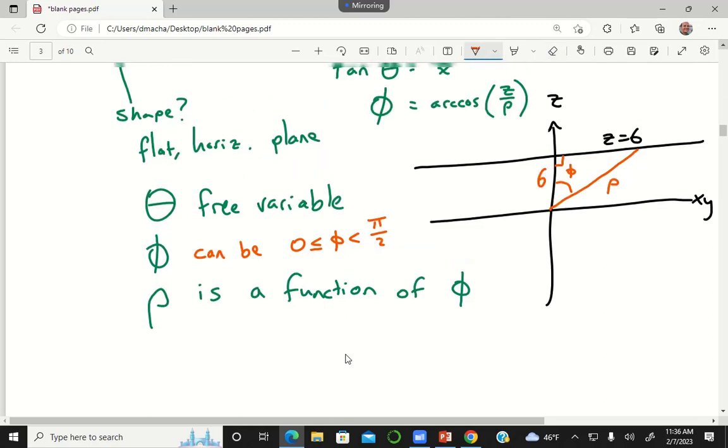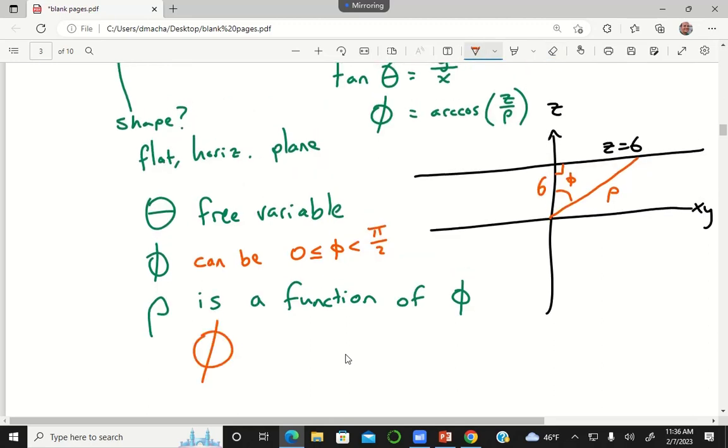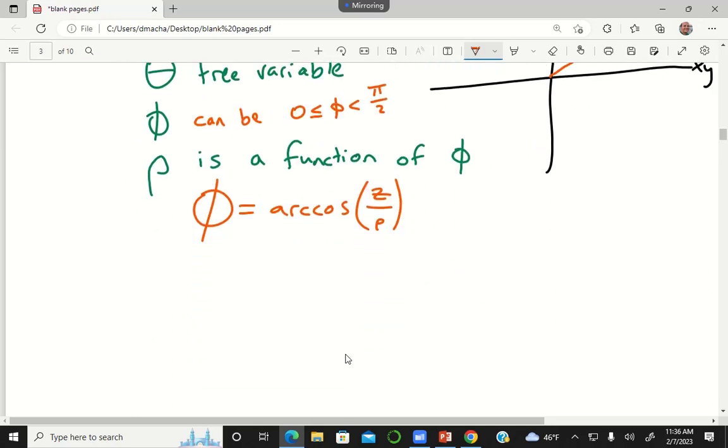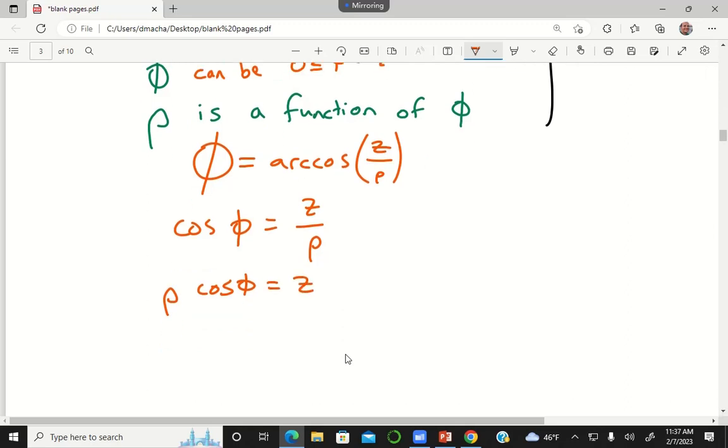In order to not confuse myself, I'm just going to start from this equation right here that says phi is equal to arc cosine of z over rho. And then I'm going to rearrange it until I have rho. So that means cosine of phi is equal to z over rho. And that means that rho cosine phi is equal to z. And that means that rho is equal to z divided by cosine of phi. Okay.